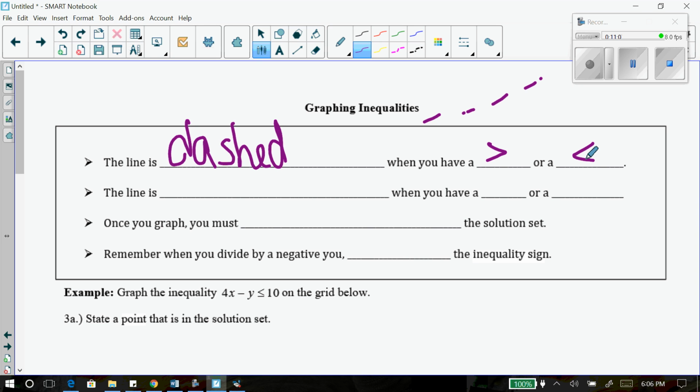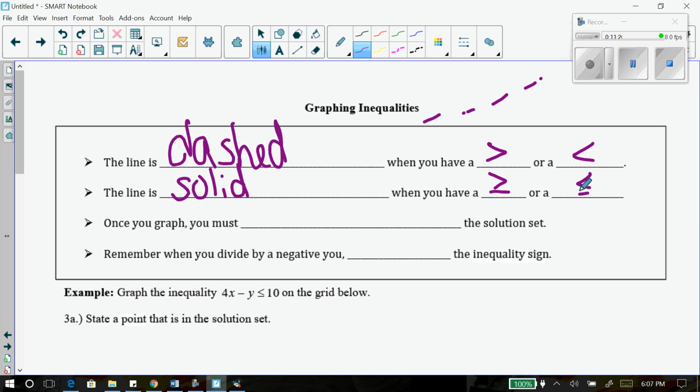The line's weak. It's not a straight line. I mean, it's a straight line, but it's not fully written in. The line is solid and strong when you have those strong inequalities with the bars underneath, right?